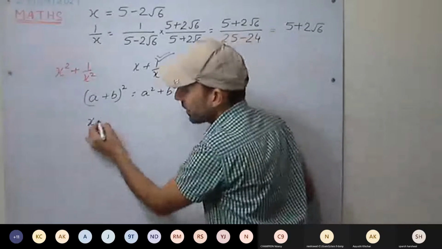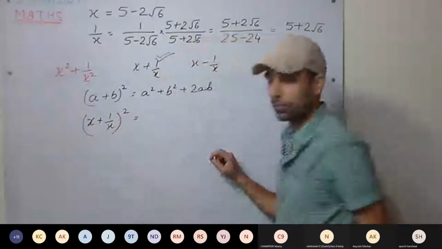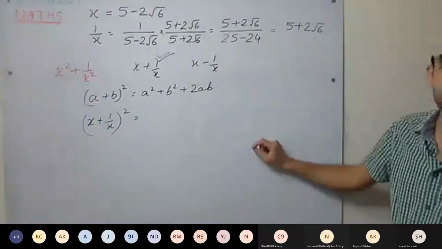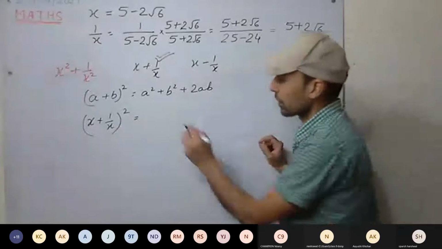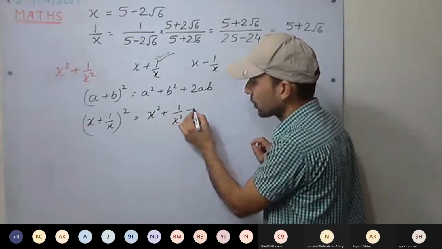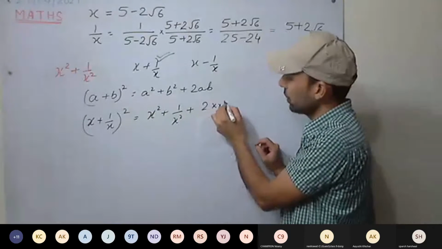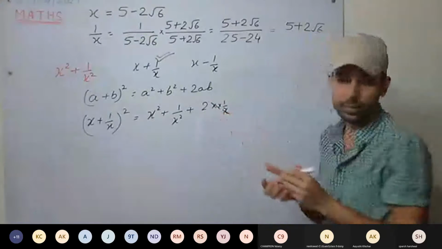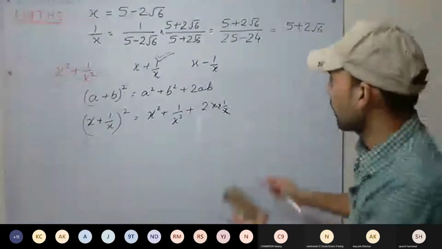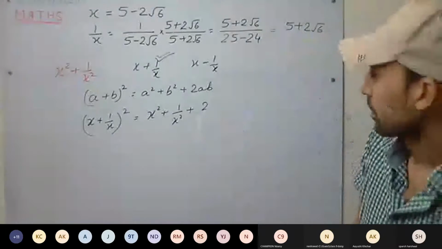If I am writing x plus 1 upon x, the whole square, it is x square plus 1 upon x square plus 2 into x into 1 upon x. They get cancelled, and what we have got is 2.